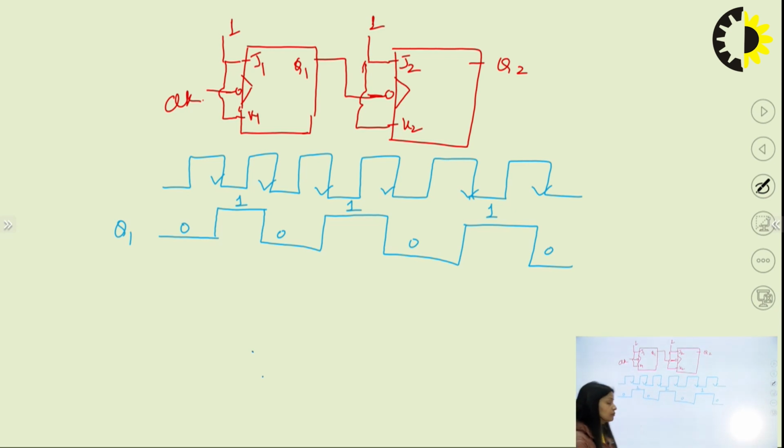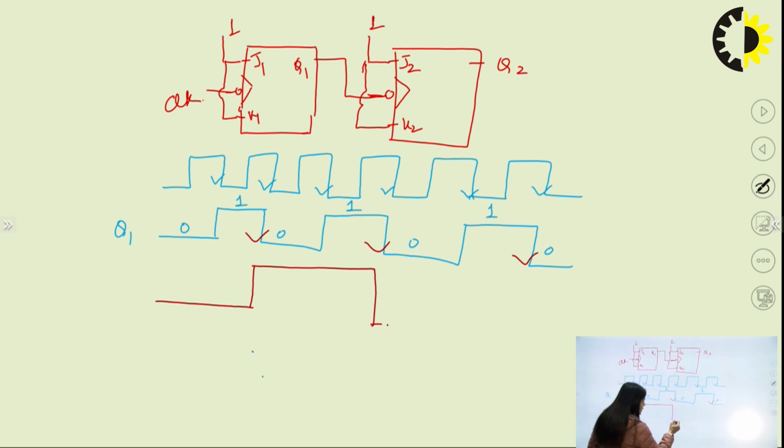Okay. So what we have obtained is, for every negative edge, this Q1 will become the clock to the next flip flop, right. This Q1 will become the clock to the next flip flop, and initially the next flip flop was at 0. So what will happen? This was 0. At this point it will change.